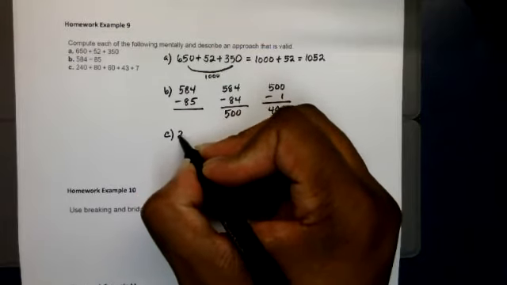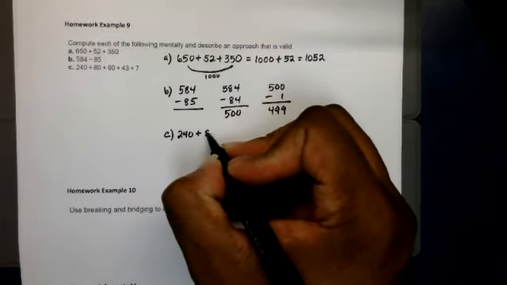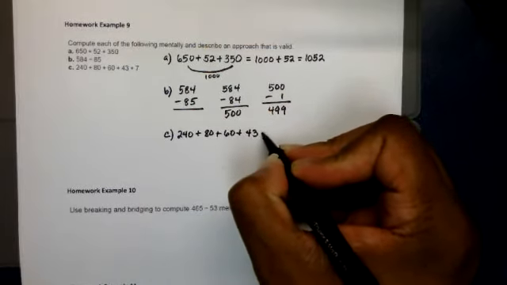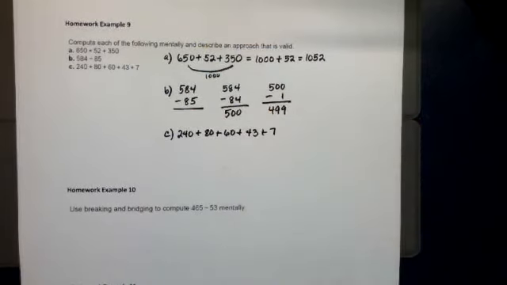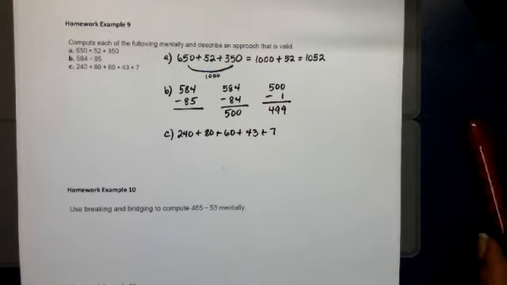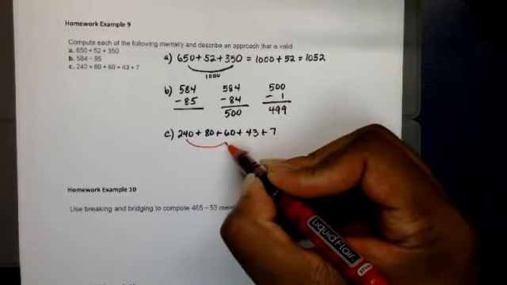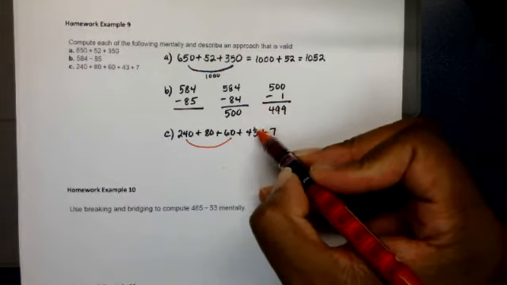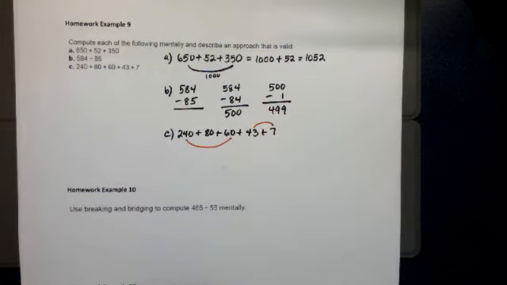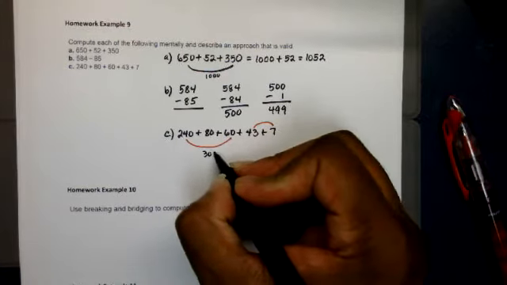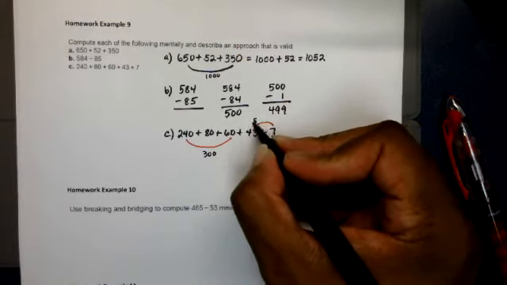Now part C, we got 240 plus 80 plus 60 plus 43 plus 7. With this problem, we can deal with the compatible numbers like 240 and 60, and another pair of compatible numbers, 43 and 7. 240 and 60, of course, will be 300. 43 and 7 is 50.